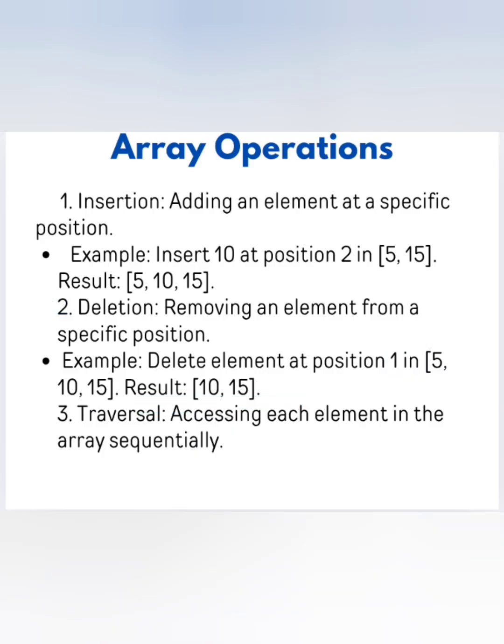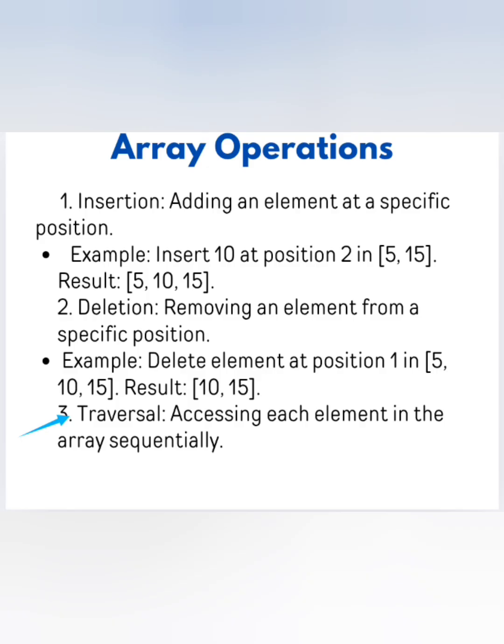The third and most important operation of the array data structure is the traversal or traversing operation. It is used for accessing each element in the array sequentially. If we want to access array elements sequentially, we perform the traversal operation.